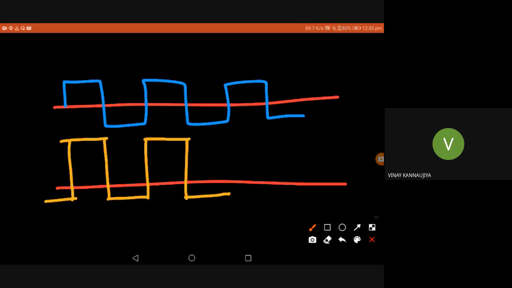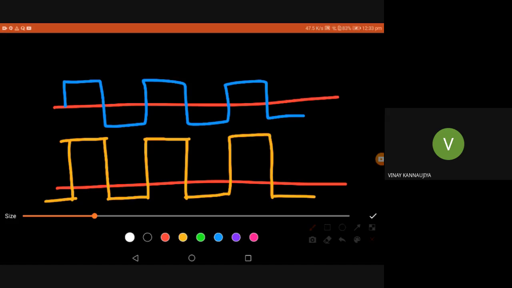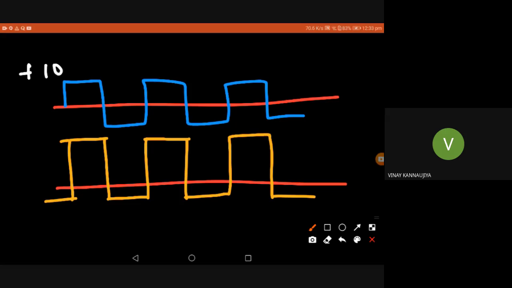Now how much has my voltage been raised, clamped? Initially you can see this was plus 10, minus 10. Now it is plus 16, minus 4. You can see the difference, the level shift, how much is it?